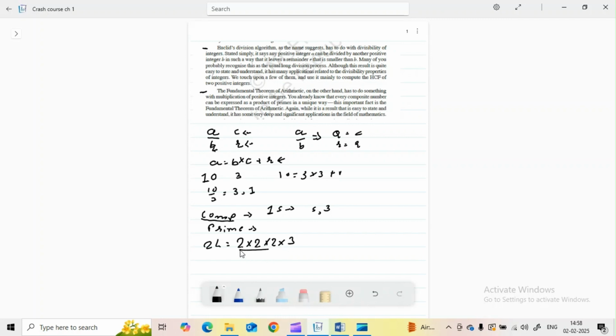If we write it in prime numbers, it's 2 multiplied by 2, multiplied by 2, multiplied by 3. However, order is not important. If I write this as 3 multiplied by 2 multiplied by 2 multiplied by 2, it's the same, right? So we can express this composite number as the multiplication of prime numbers. So these are the two main algorithms. We use the division algorithm in the fundamental theorem of arithmetic.